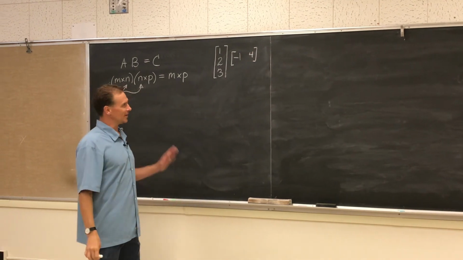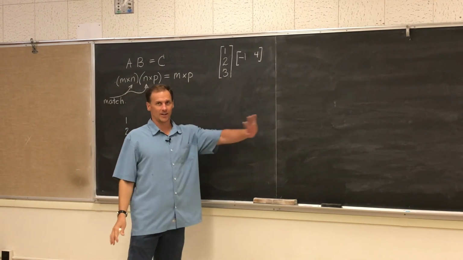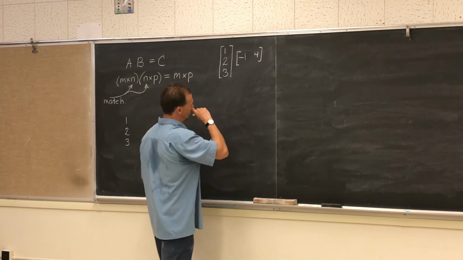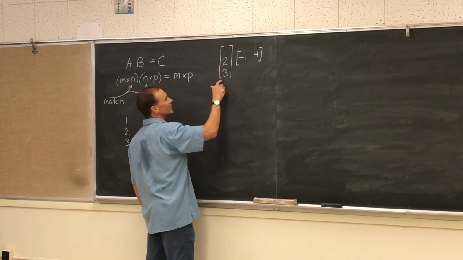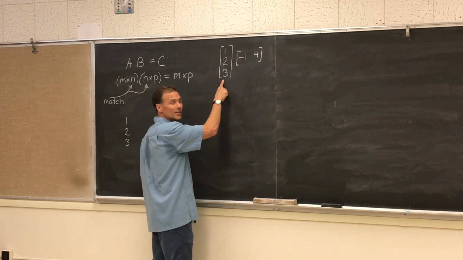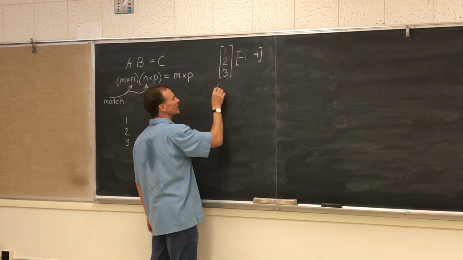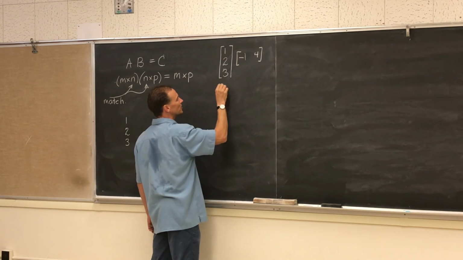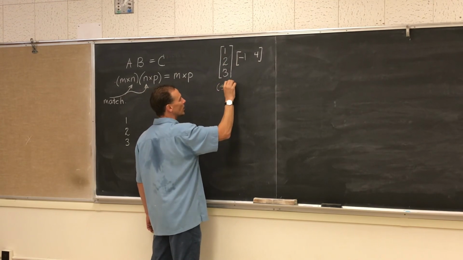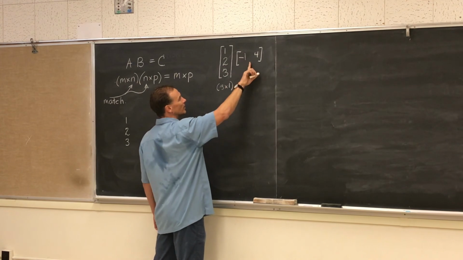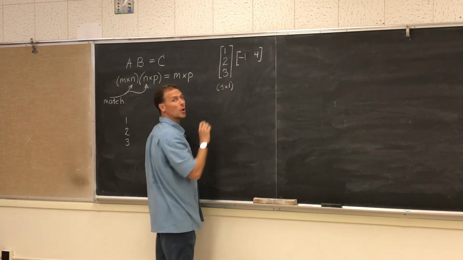Now, remember, this is just a column vector, but a column vector is still a matrix. It's 3 rows, 1 column. They would call this a row matrix.